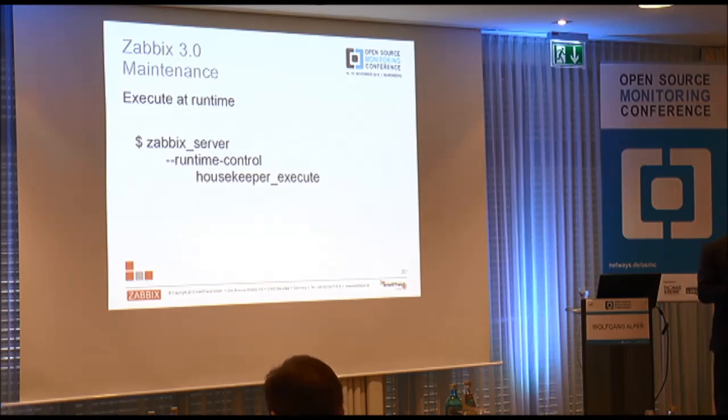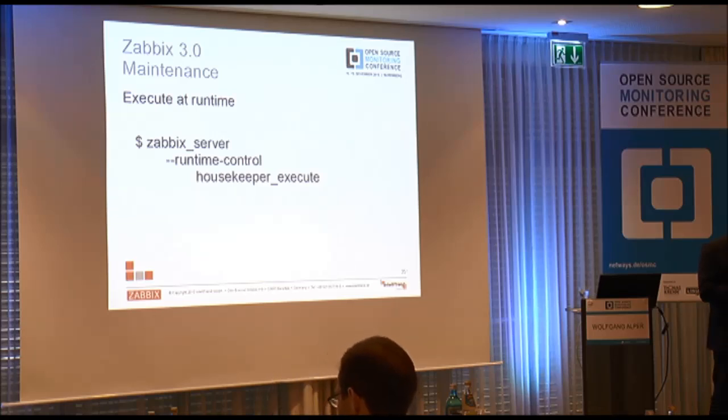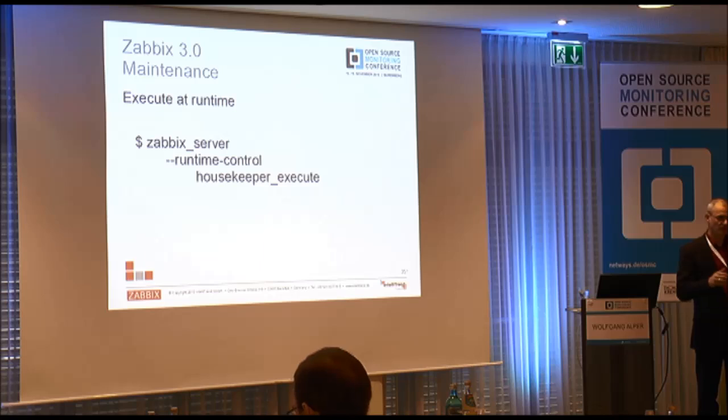In 2.4, Zabbix started to provide runtime control options, so you could configure the Zabbix server on a command line without actually restarting the server. And restarting the server might be an issue if you have a huge number of hosts, because you have to put them first in maintenance to avoid the triggers firing and stuff like that.